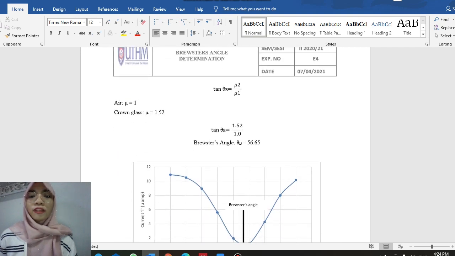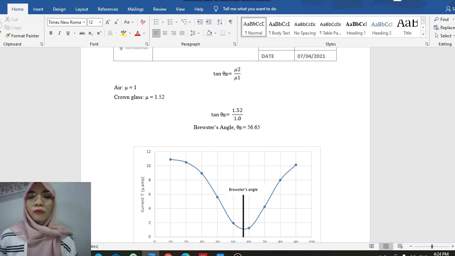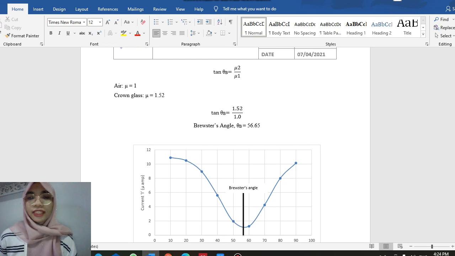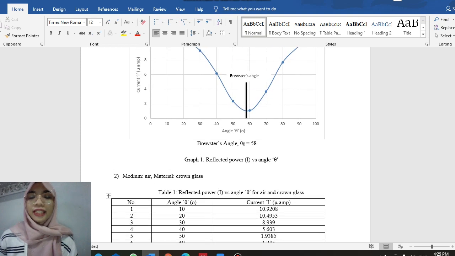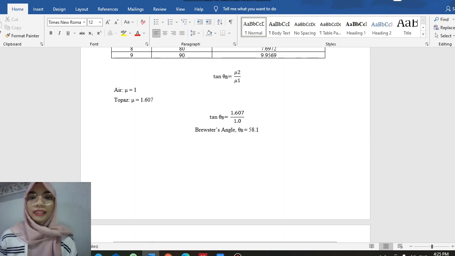So for the Brewster angle for the crown glass, we use air as the reflecting surface, and we choose crown glass as the refractive index. So from the ratio we got the Brewster angle 56.65.